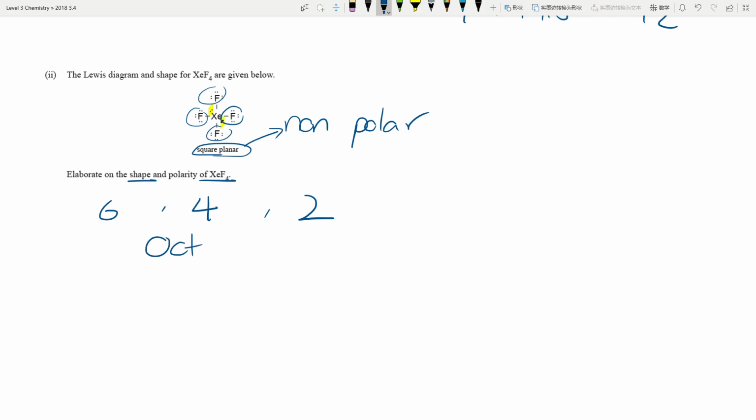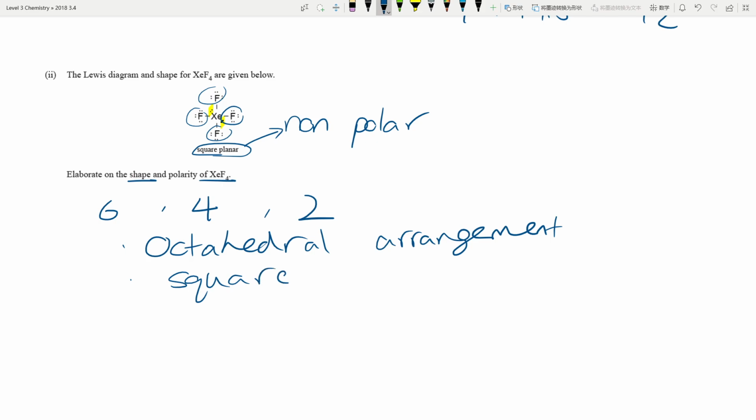Therefore, you have an octahedral arrangement, but then you are going to see a square planar shape because you do not see these two lone pairs of electrons.